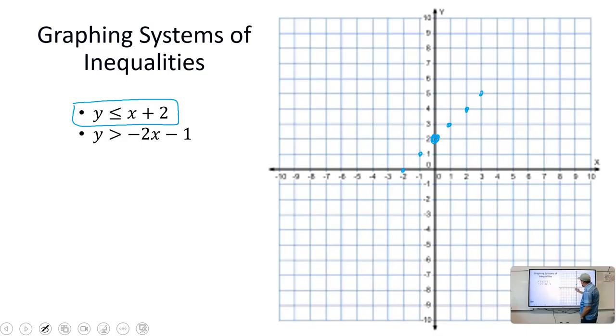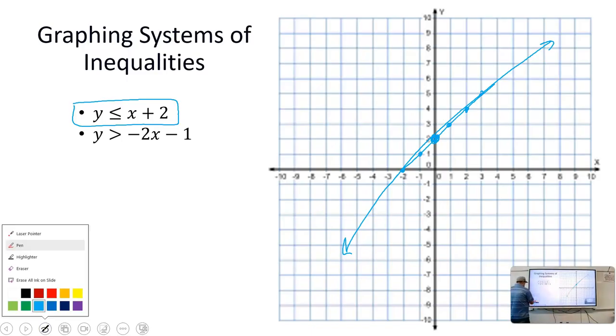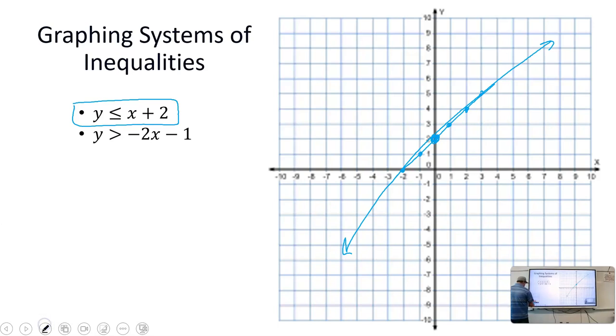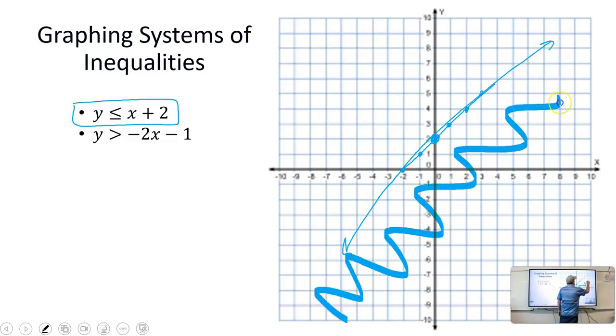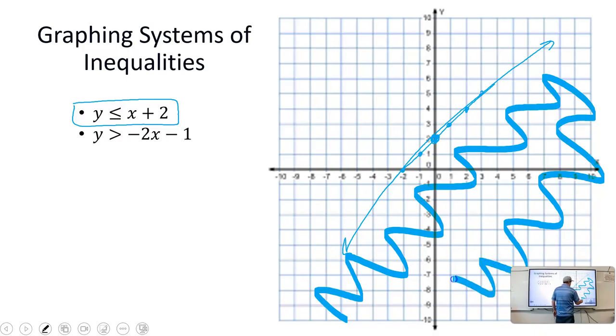It is a solid line because it is less than or equal to. And where would I shade this one? Since it is less than or equal to, it's going to be anything under this graph. So we'll go like that.